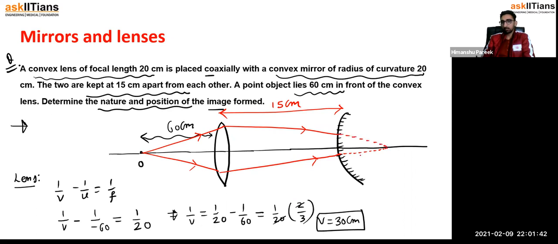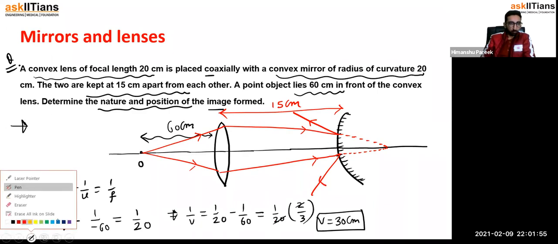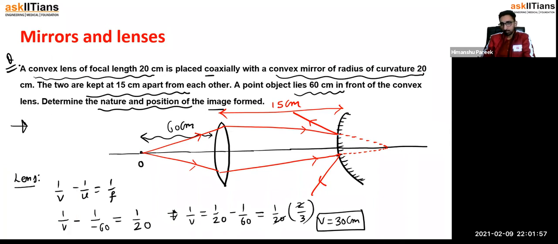That's what they wanted. But because of the mirror, they would get reflected back like this. And finally they would form a virtual image which will be intersecting virtually at this place. So that's the idea I am giving you, that the image will be formed behind the mirror. So ultimately the nature of the image will be virtual only.